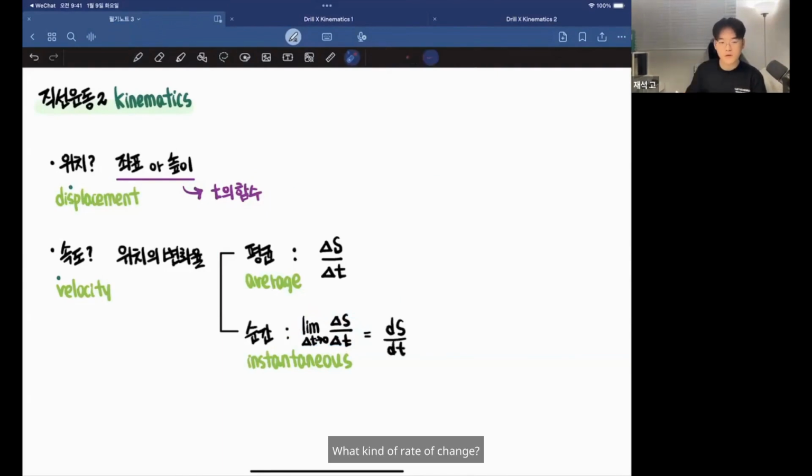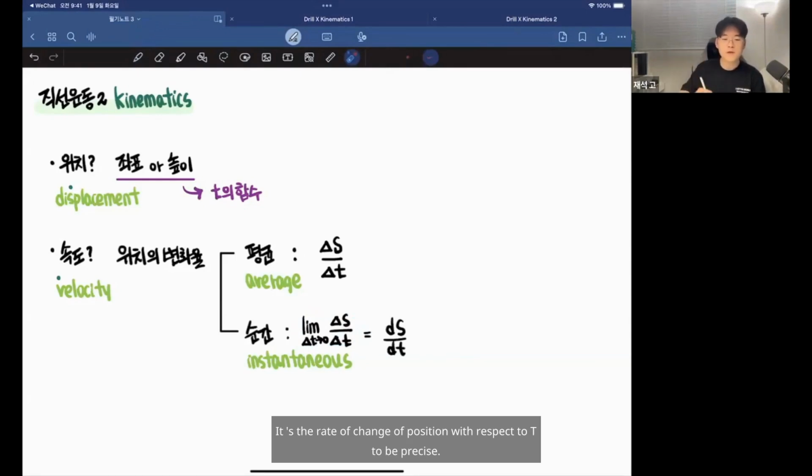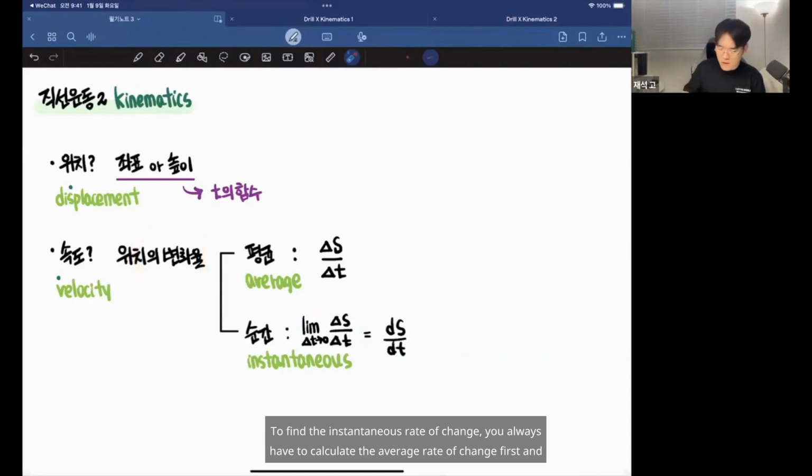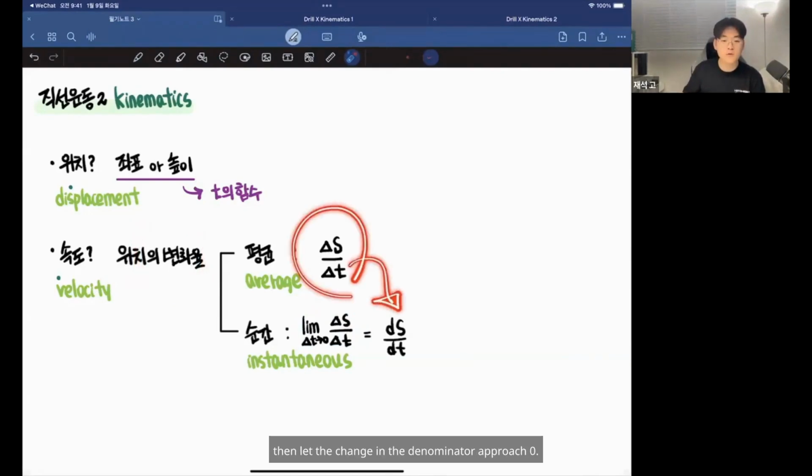Speed is a rate of change. What kind of rate of change? It's the rate of change of position. The rate of change of position with respect to whom? It's the rate of change of position with respect to t, to be precise. But can we just say it's the rate of change of position? Since it's a rate of change, there are two types: average rate of change and instantaneous rate of change. To find the instantaneous rate of change, you always have to calculate the average rate of change first, and then let the change in the denominator approach 0.